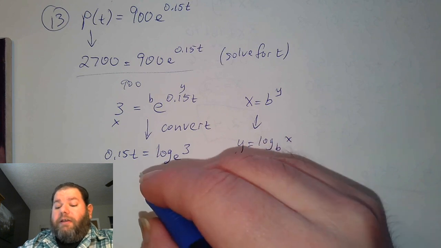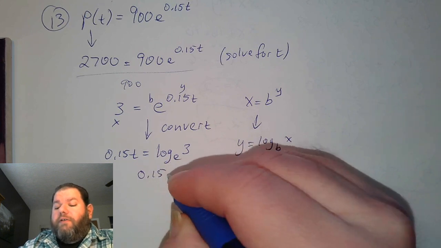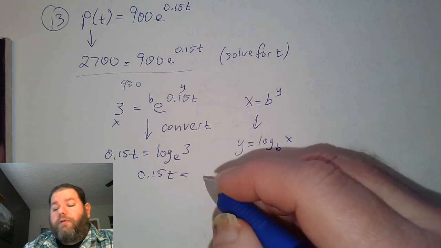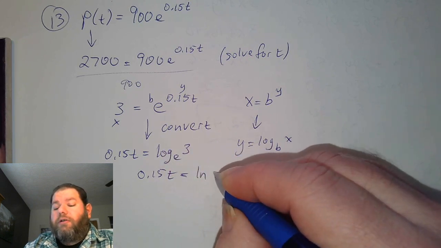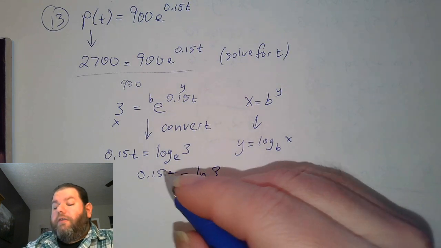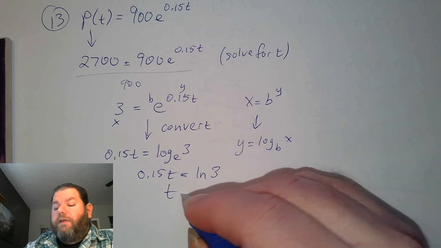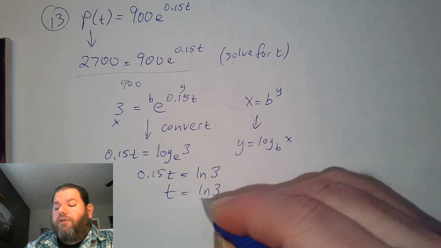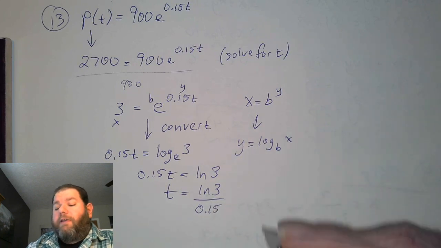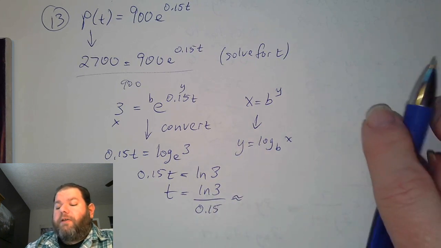Now log base e of 3 has another way that we can write it. Log base e, remember, is the natural log, so that's the natural log of 3. And then we can divide by 0.15. So t equals natural log of 3 divided by 0.15. That gets t by itself, but now we need to approximate it.